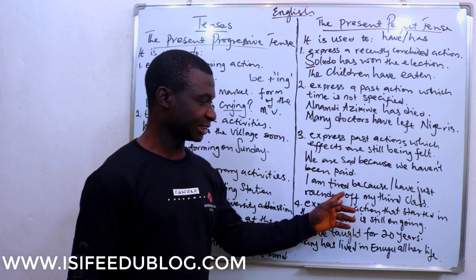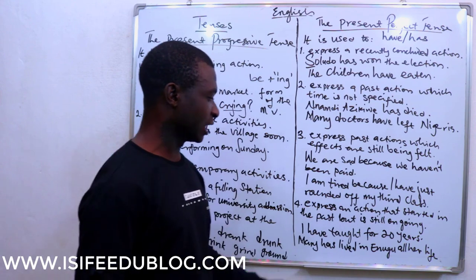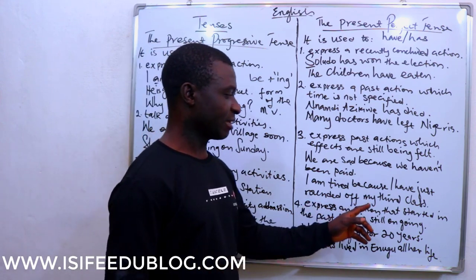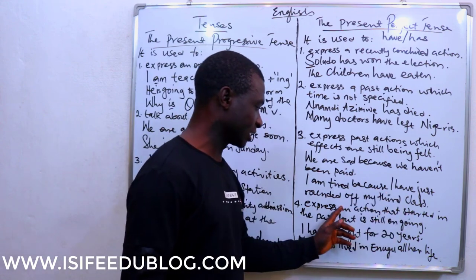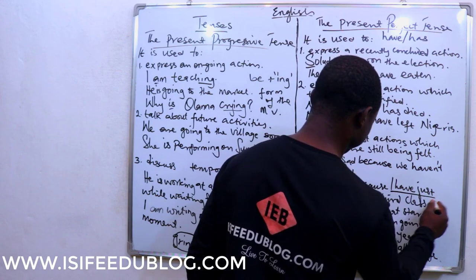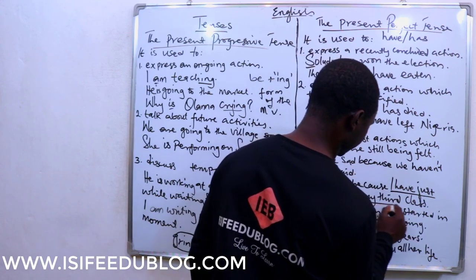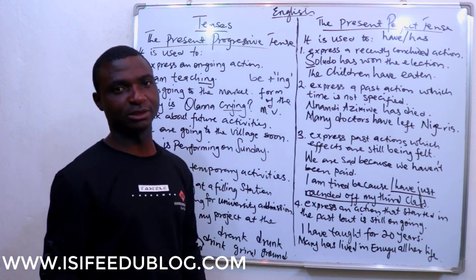I am tired. That is the result clause. I'm tired because I have just rounded off my third class. Alright? I have just rounded off my third class is the expression here, which is the reason why I am tired.